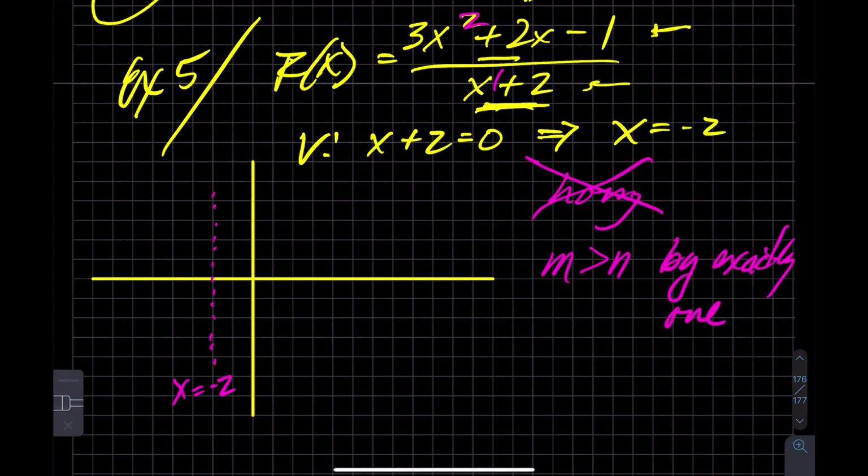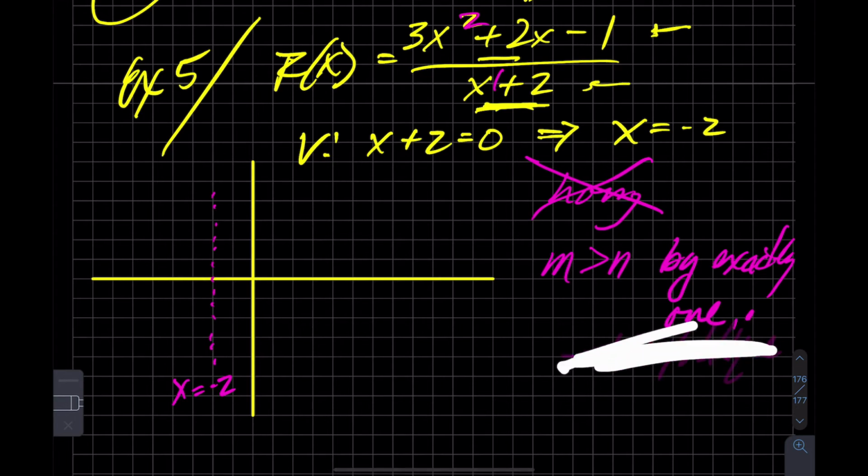It's greater by the amount of 1. So 2 is greater than 1. There's only a difference of 1. Then I have a slant asymptote. Sometimes it's called an oblique asymptote. Oblique. Okay? Which means it's a line. It's a slant line. Okay?